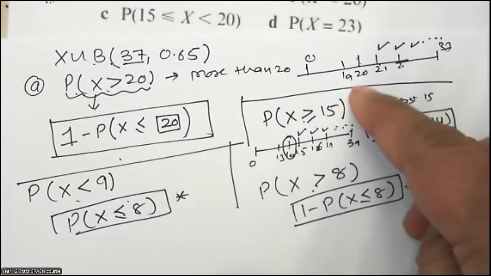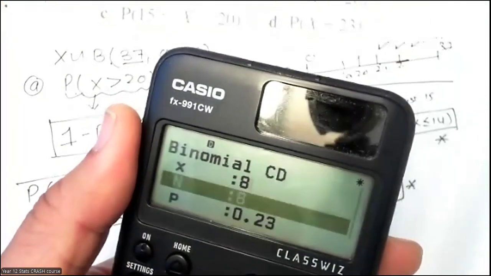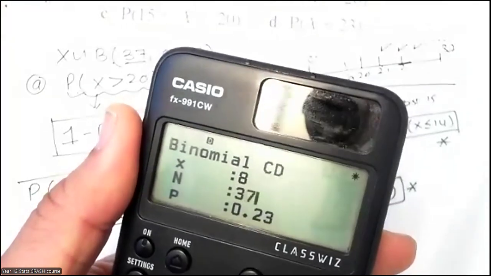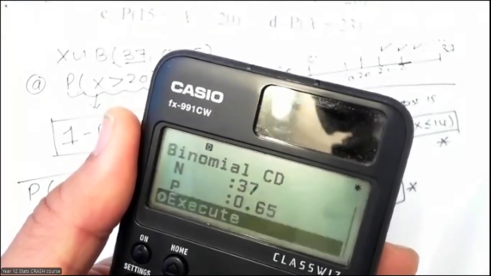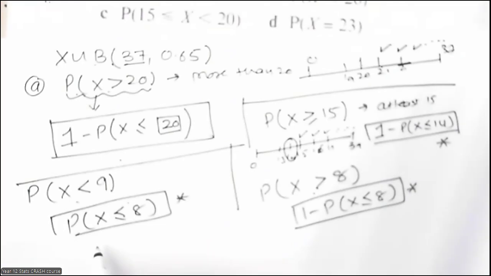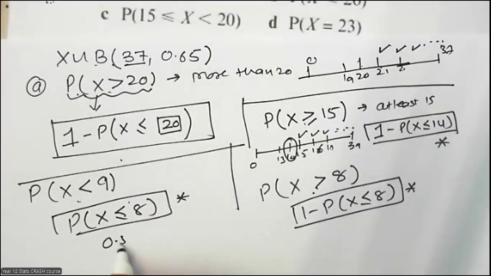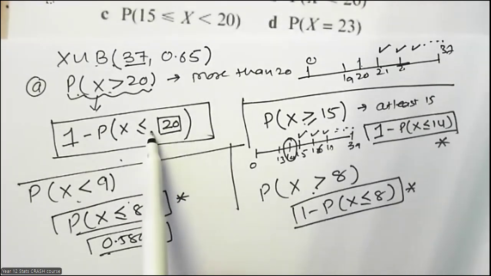And I want N and P as 37 and 0.65. So N is 37 and this is 0.65. Press equals, and I get 0.5807. So my probability here is 0.5807.